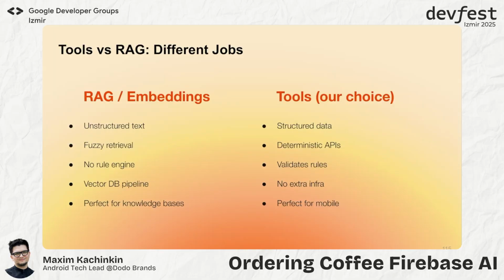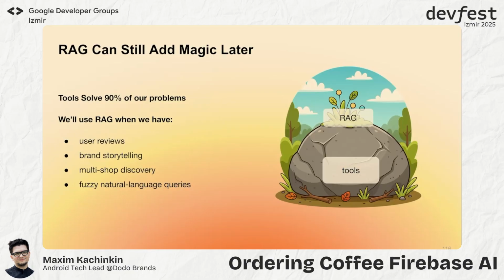Tools, as our choice, are good at working with structured data, with deterministic APIs, with strict rules, with precise logic. And the core of our solution is tools, because tools solve like 90% of our problems right now. And RAG is not off the table. If we add user reviews, thousands of reviews for our app, you bet we'll use RAG. But right now it's an optional improvement that we have.